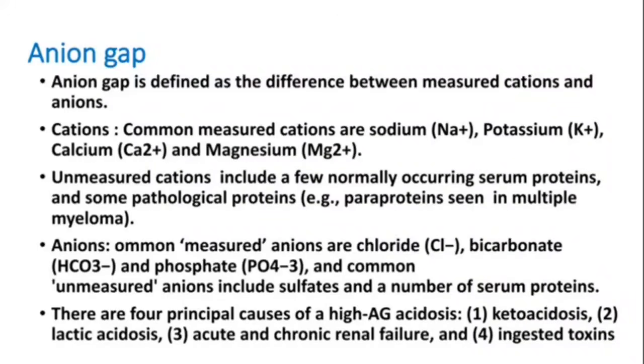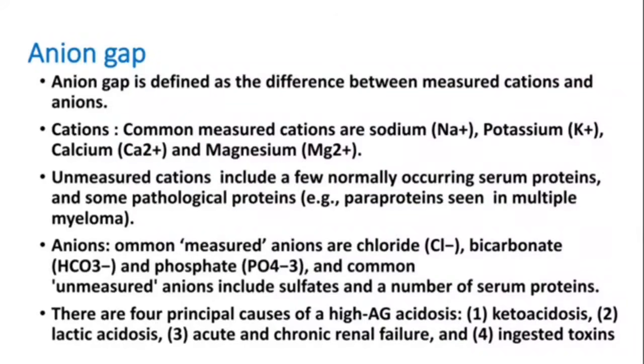There are four principal causes for high anion gap metabolic acidosis. One is ketoacidosis. It can be diabetic ketoacidosis, prolonged fasting ketoacidosis, or pregnancy related ketoacidosis. Lactic acidosis, mainly seen in sepsis and dehydration. It can also occur in aspirin toxicity and different other conditions. Acute and chronic renal failure, and ingested toxins.